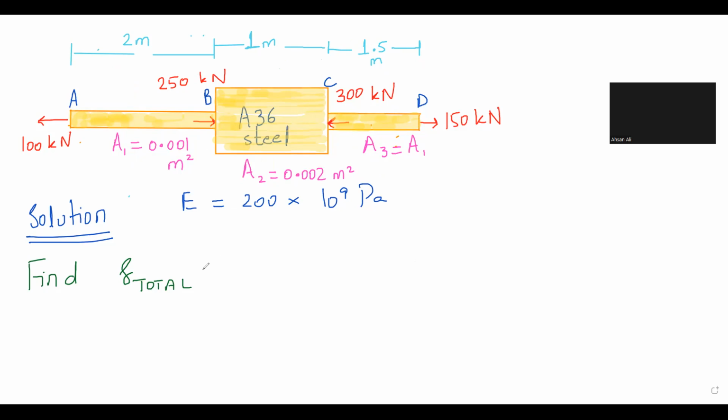So I have this feeling that this total is equal to delta AB plus delta BC plus delta CD.